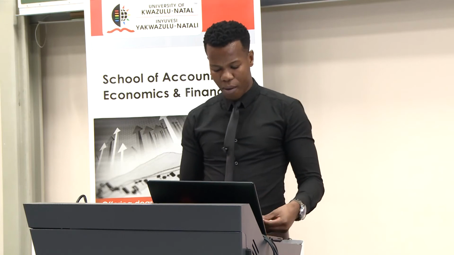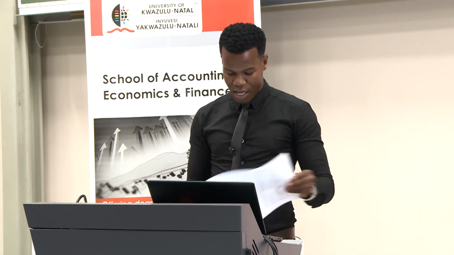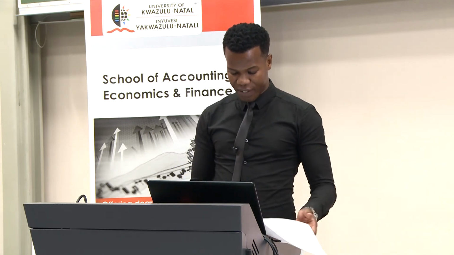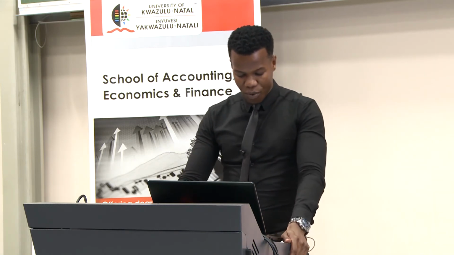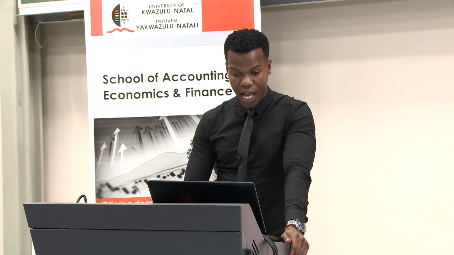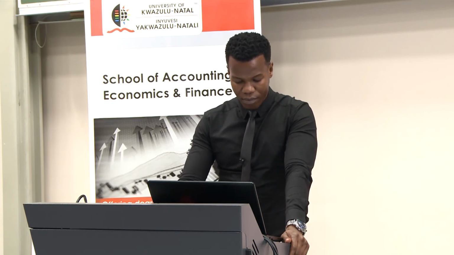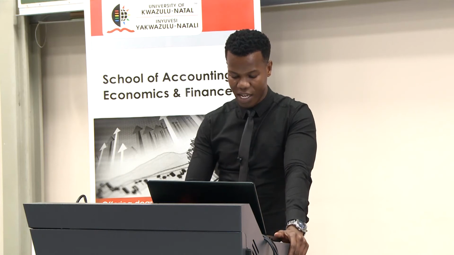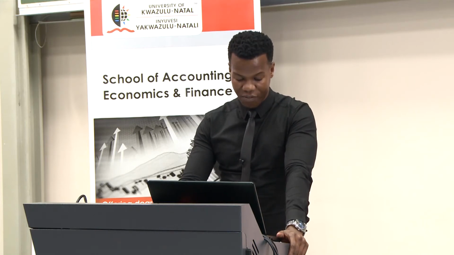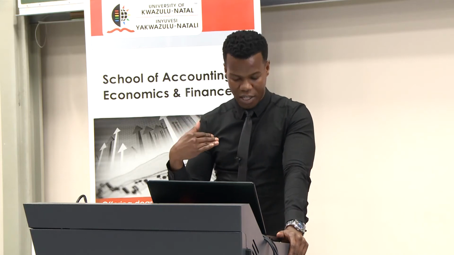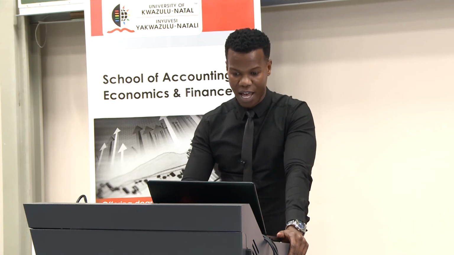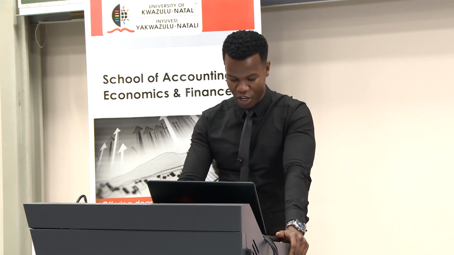If you go back to your question paper, your interim dividend would be the one under D, the interim dividend of 20 cents per share was paid at 31st December 2019. So again, they declared that dividend and they paid it at that point in time. And that's what we're looking for.